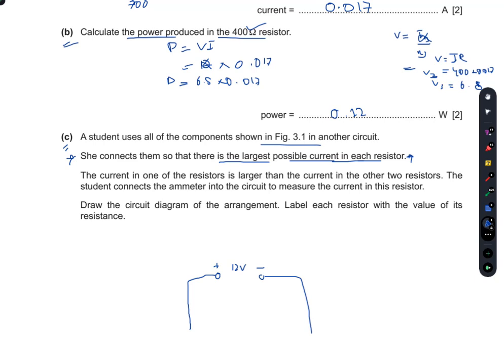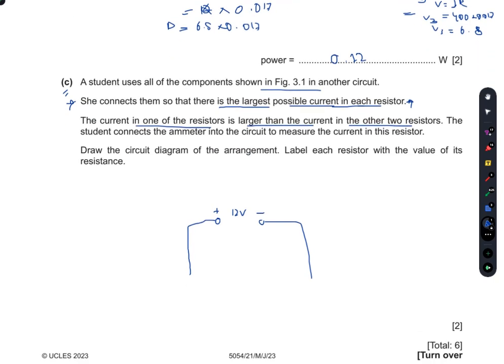So I will have to connect them in parallel, so there is the largest possible current in each resistor, and the current in one of the resistors is larger than the current in the other two resistors. So all the three resistances are attached here.